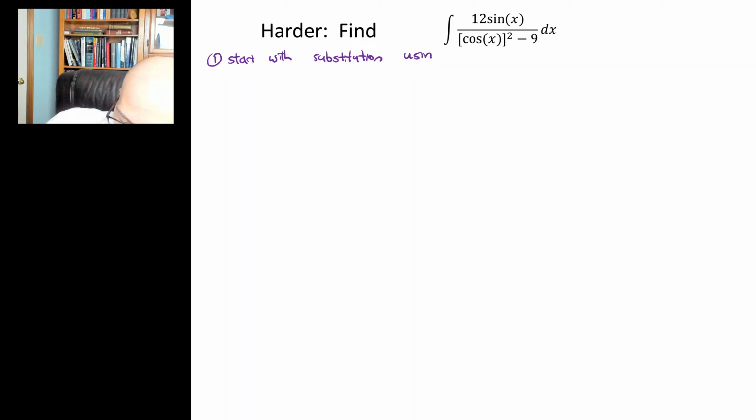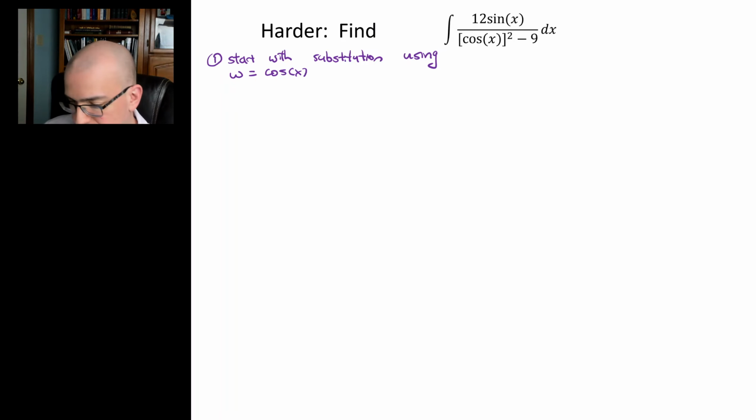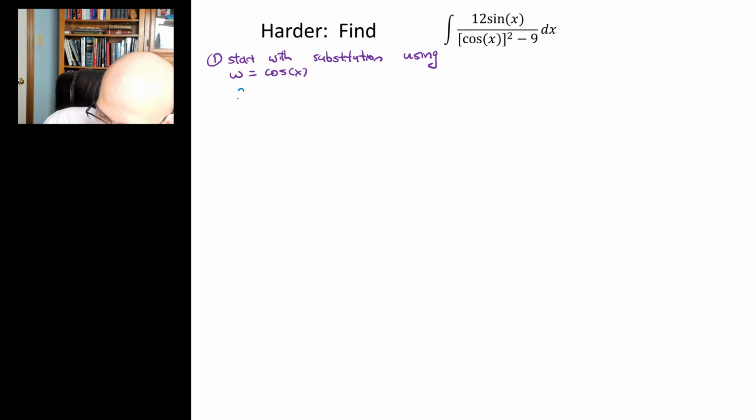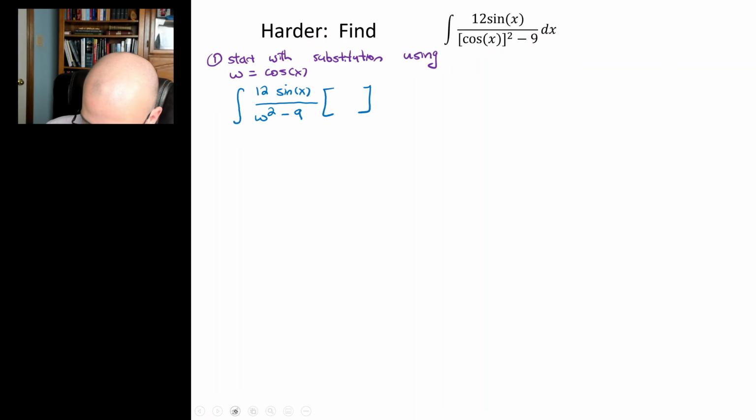Start with substitution using w equal to cosine of x. So I have an integral of 12 times the sine of x, that part doesn't go away yet, over w squared minus 9, and I have to replace dx with something in terms of w.